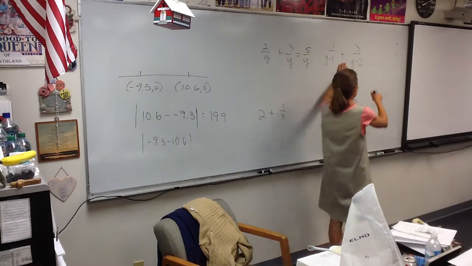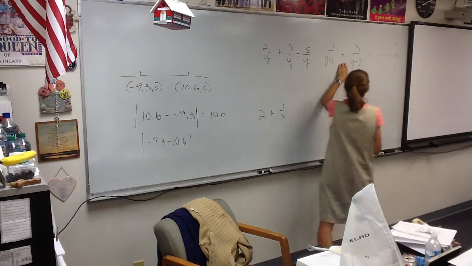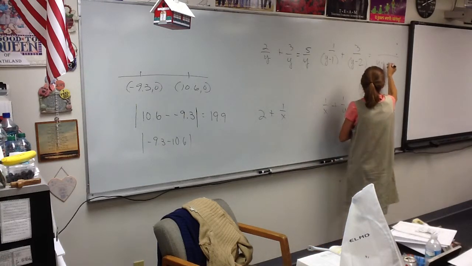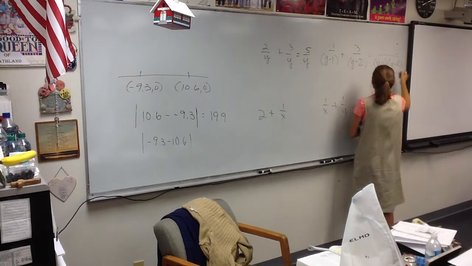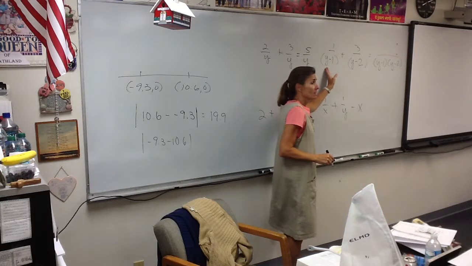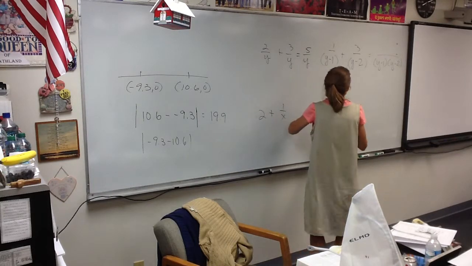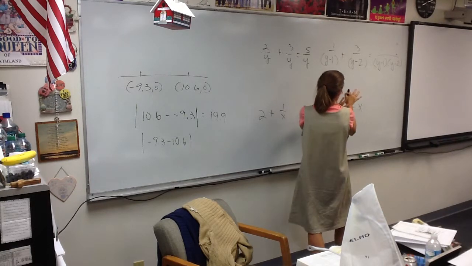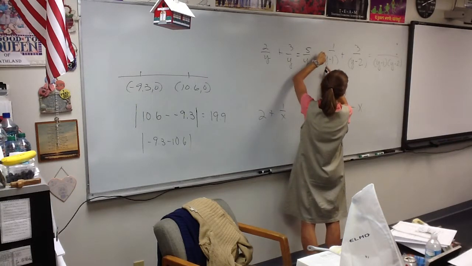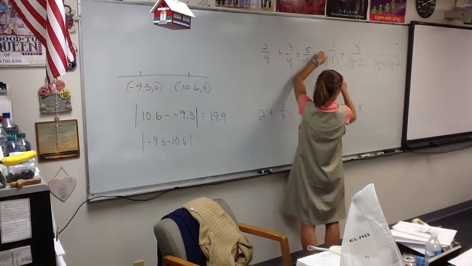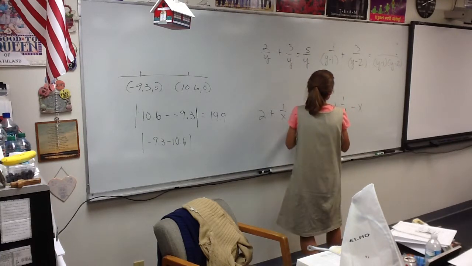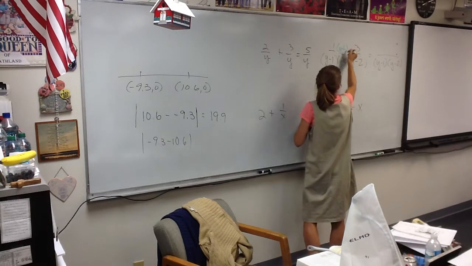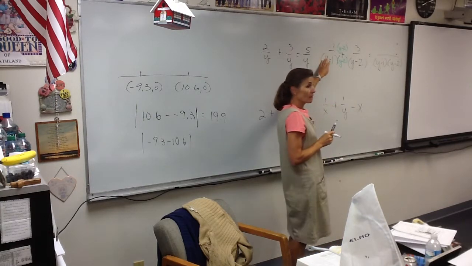What are you going to do here, though, kids? You're going to have to make a common denominator, and your common denominator will be y minus 1 times y minus 2. Would you agree with that? Yeah. So that means that you have to make both fractions have that denominator. So this one already has a y minus 1, so he would need the y minus 2 part, right?